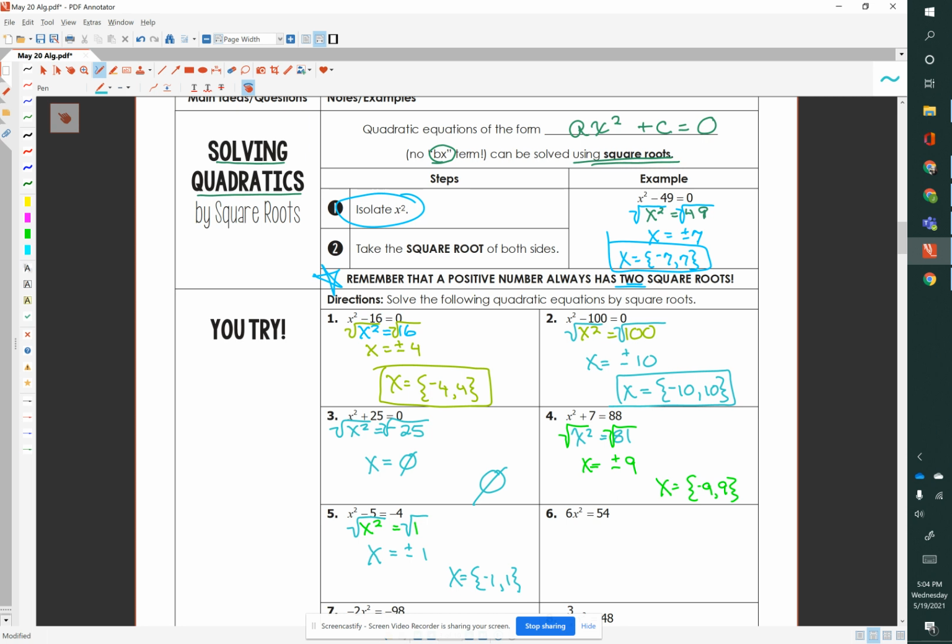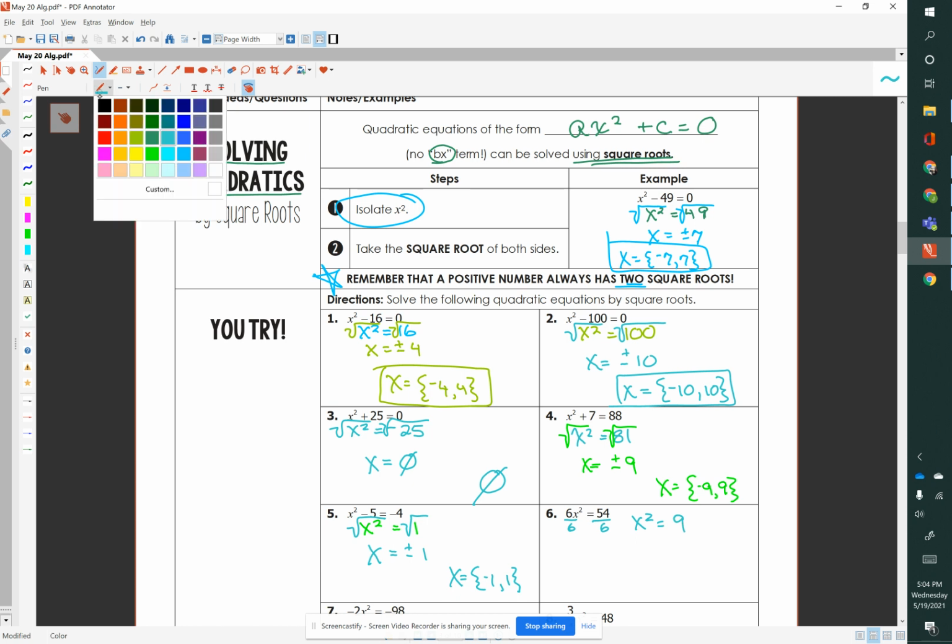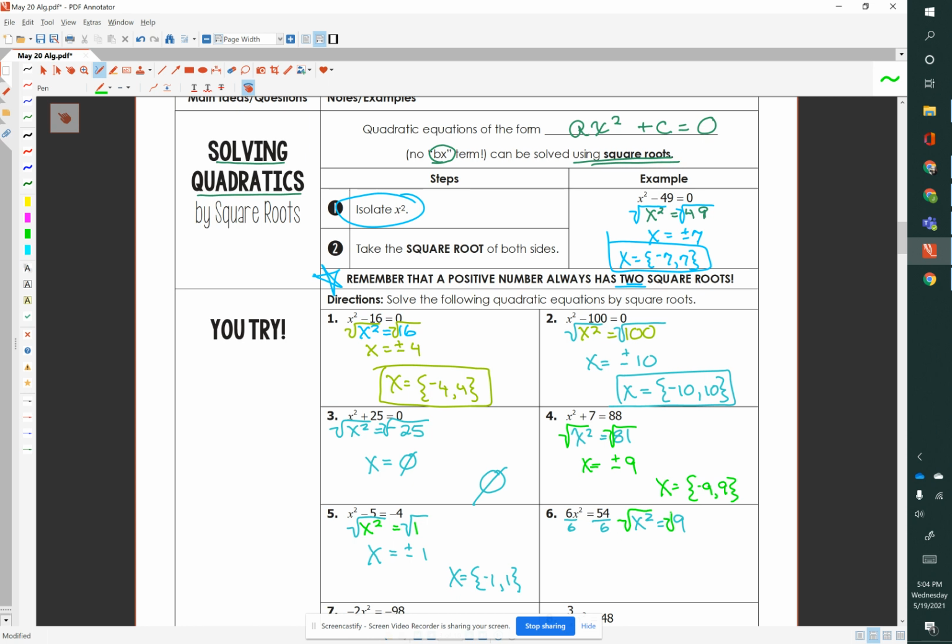And number 6, 6x squared equals 54. So treat it like you normally would. We're first going to isolate x squared, so we'll divide both sides by 6 to give us x squared equals 9. And we'll take the square root of both sides.